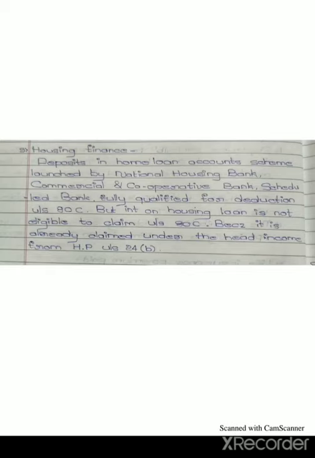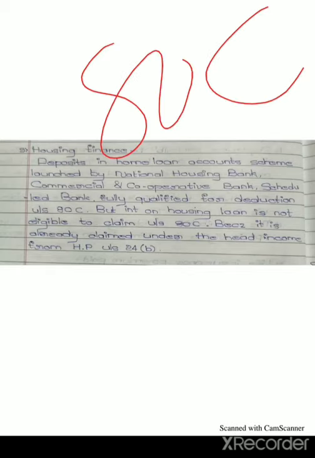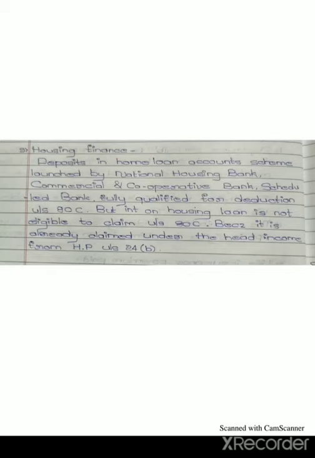Then the third scheme under 80C is housing finance. Amounts deposited in home loan account schemes launched by the National Housing Bank, commercial and cooperative banks, and scheduled banks are fully qualified for deduction under section 80C.